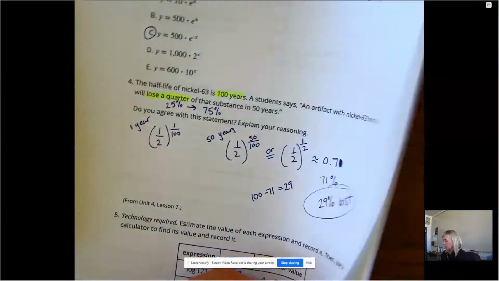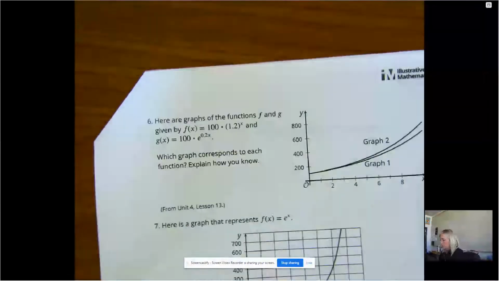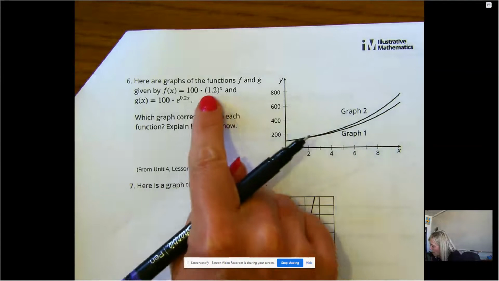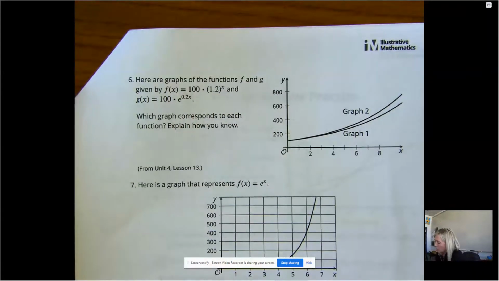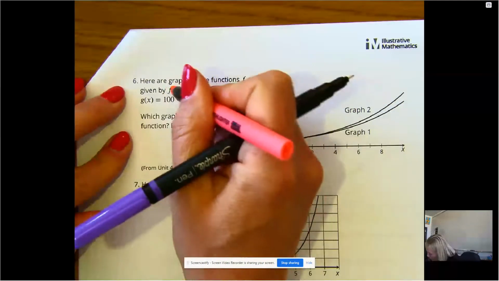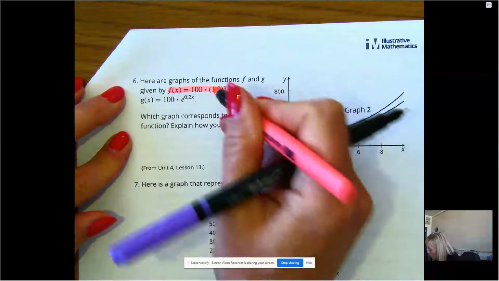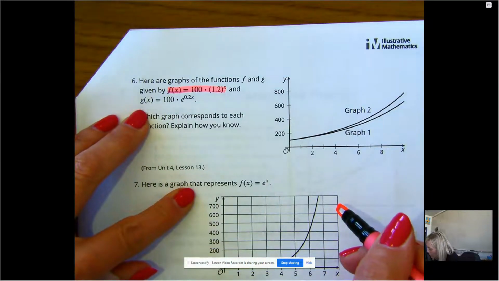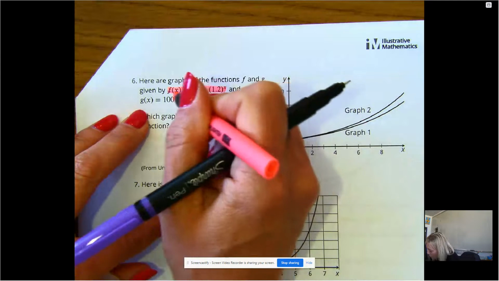We're almost done. Number 6. So basically on number 6, we have 2 functions. F of x equals 100 times 1.2 to the x, so that shows 20% growth. And g of x is equal to 100 times e to the 0.2x.